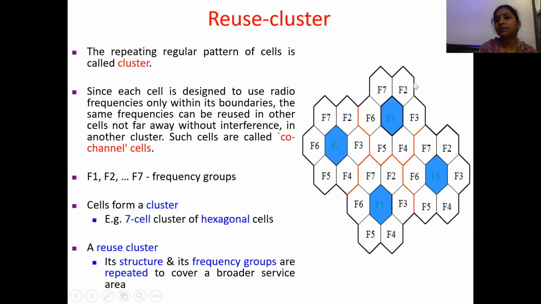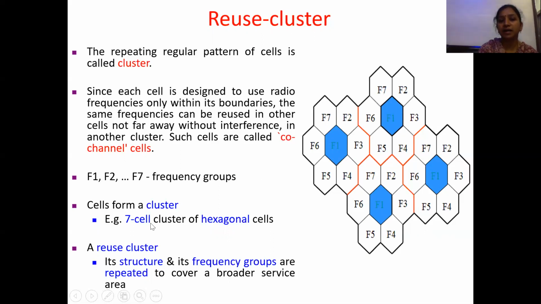They are maintained at a distance of capital D, that is root 3K R. So all these cells are called co-channel cells. The cells which are using the same frequency by maintaining a certain distance of capital D are called co-channel cells. So the frequencies in the cluster are F1 to F7.